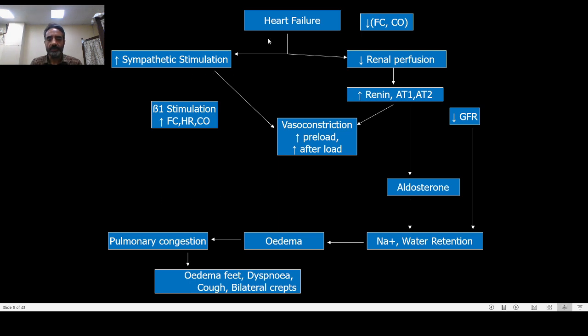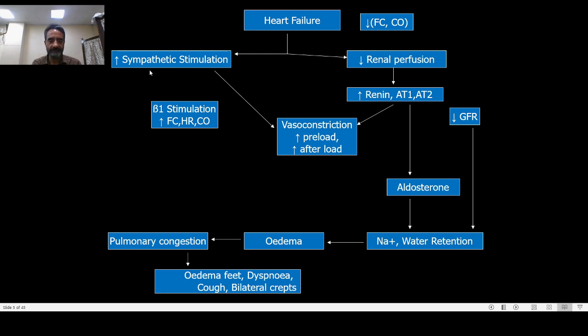Now, when renal perfusion drops, it leads to stimulation of renin secretion, leading to the full renin-angiotensin cascade, that is angiotensin 1, angiotensin 2. This in turn leads to aldosterone secretion. Aldosterone leads to sodium and water retention. Also, decreasing GFR leads to increased water retention.